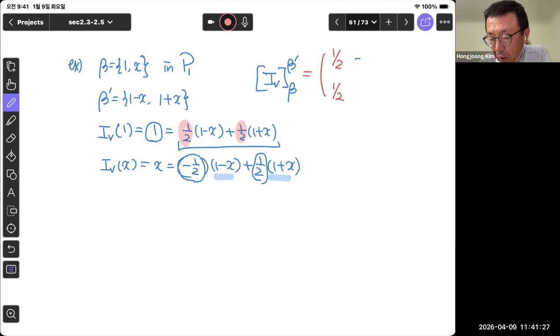So negative 1 half and 1 half fill the second column of this matrix. That's how we constructed this matrix. So even though we are looking at the identity mapping, the matrix may not be the identity matrix.